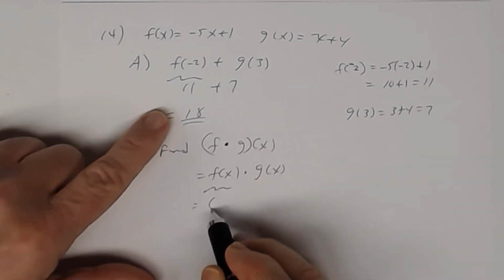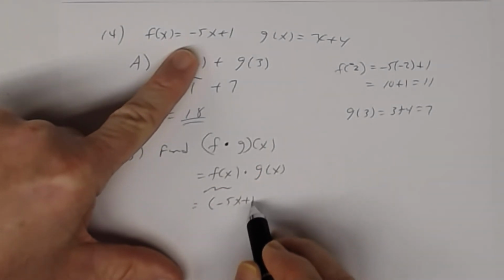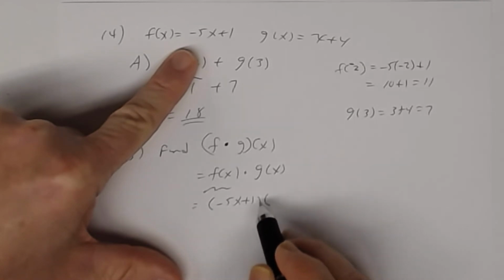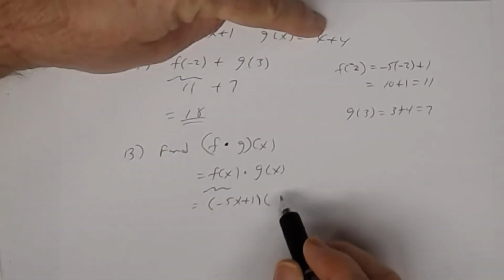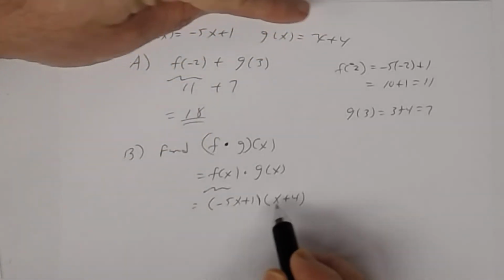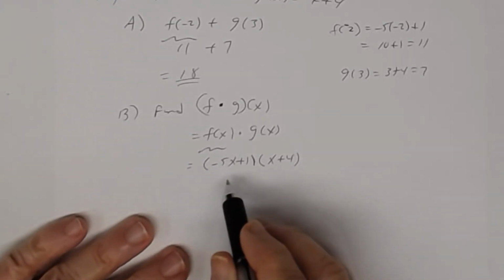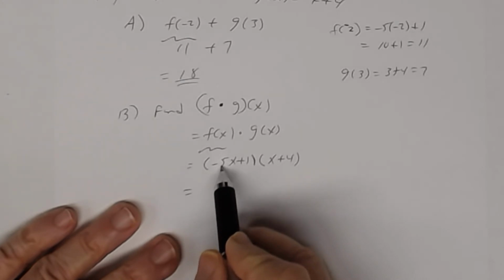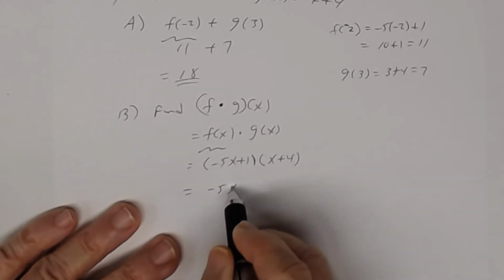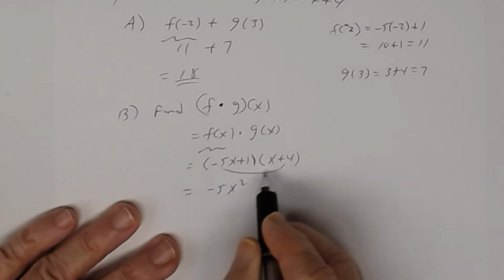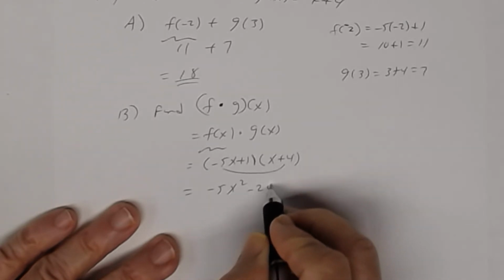So this becomes negative 5x plus 1, because that's f of x, but that's going to be multiplied by x plus 4. And so notice, you do have to multiply this out. I'm multiplying two binomials, so I can use the FOIL method. Negative 5x times x is negative 5x squared. The outer, negative 5x times 4 is a negative 20x.